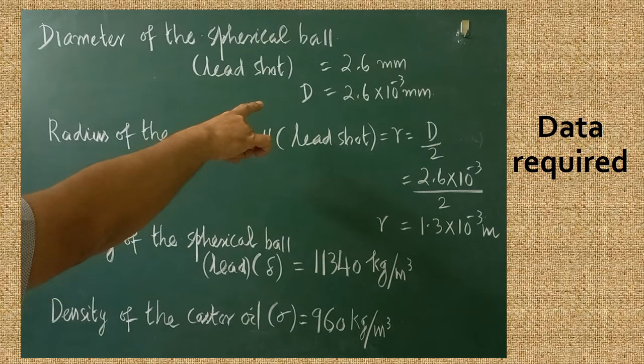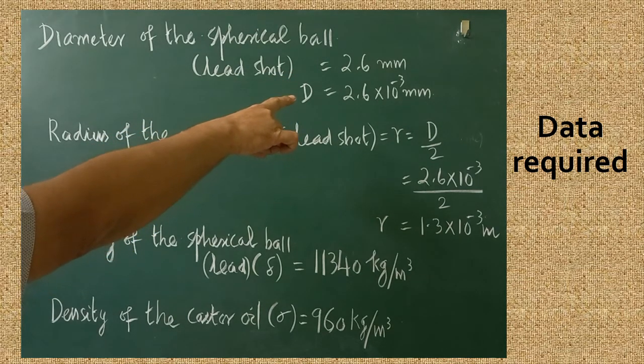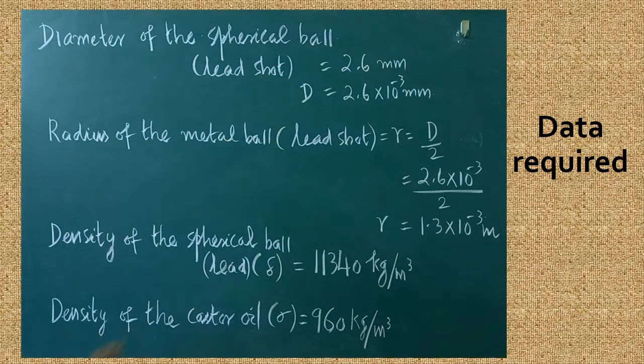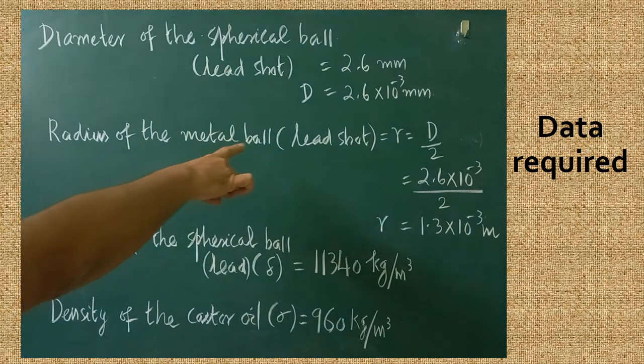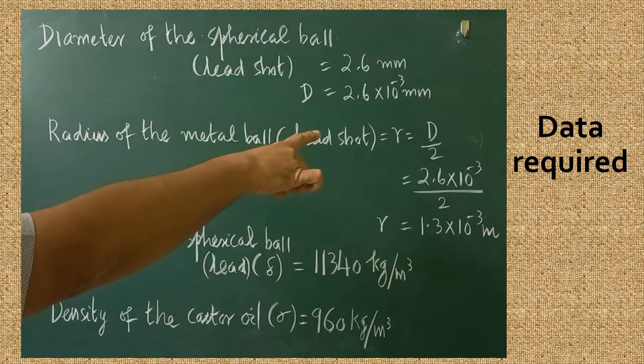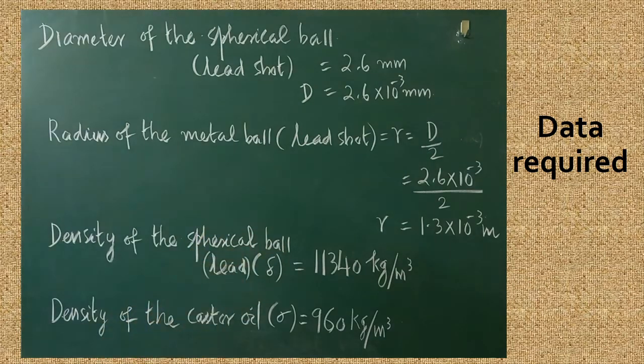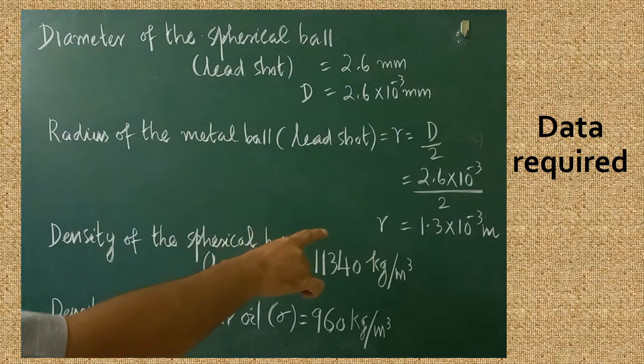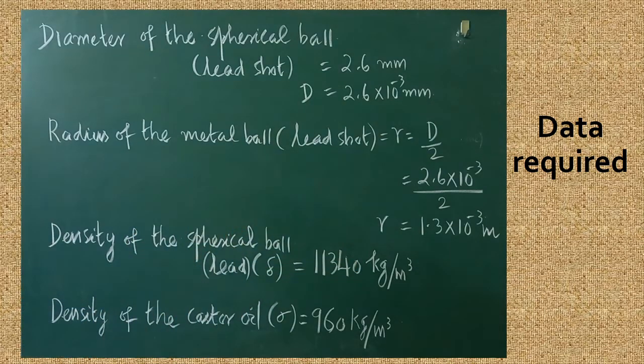So therefore capital D, diameter, is equal to 2.6 into 10 to the power of minus 3 meter. Therefrom you have to calculate the radius of the lead shot. Small r is equal to D by 2. Therefore 2.6 into 10 to the power of minus 3 divided by 2 gives you the r value as 1.3 into 10 to the power of minus 3 meter.